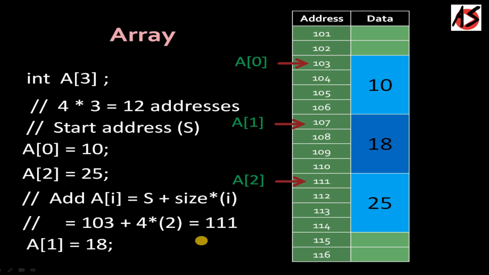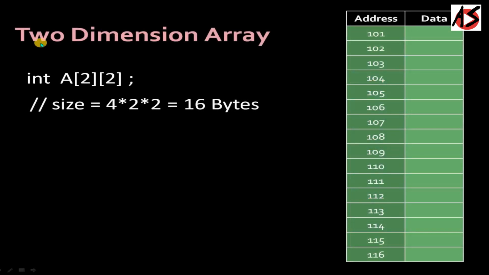Now we will see how to store the 2-dimensional array. Suppose we are taking a 2-dimensional array where both the row and column dimensions are 2. So what is the size of that array?